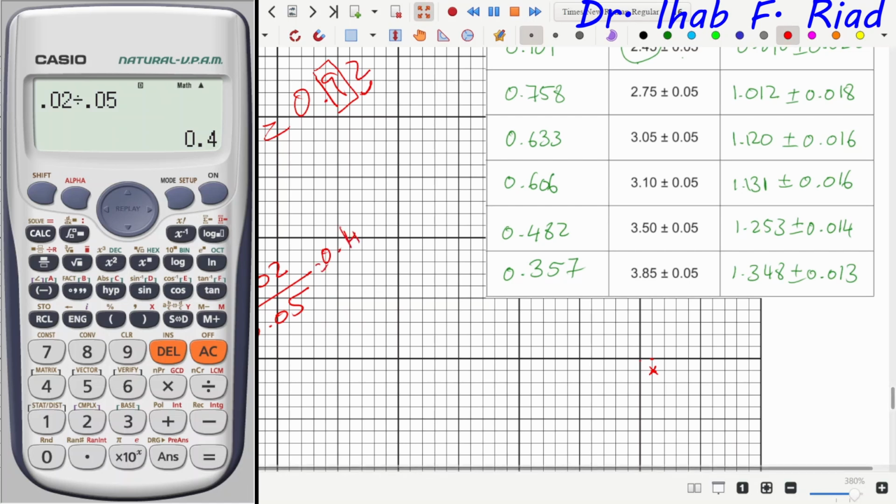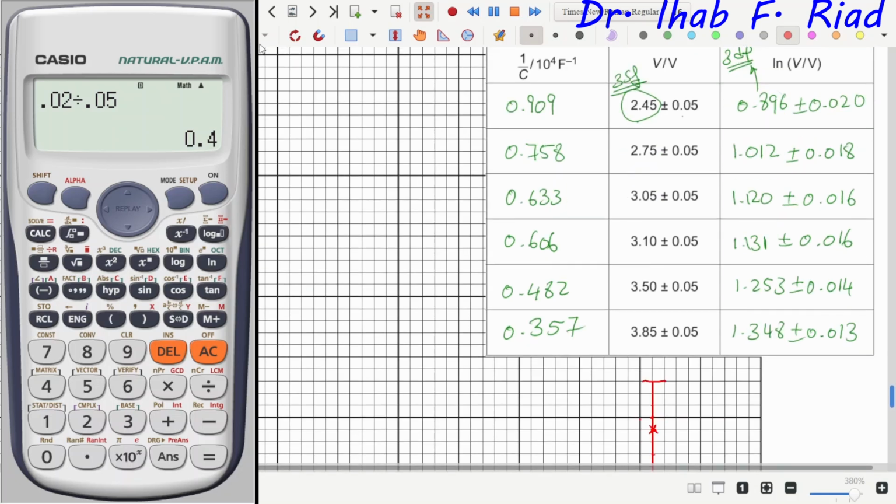Meaning, it is 4 small squares up and 4 small squares down. Then we start counting, 1, 2, 3, 4, and this is 4. We make a straight line like this. So this is our first data point.